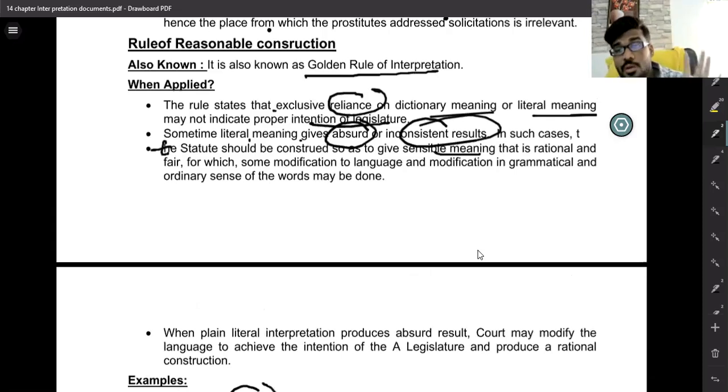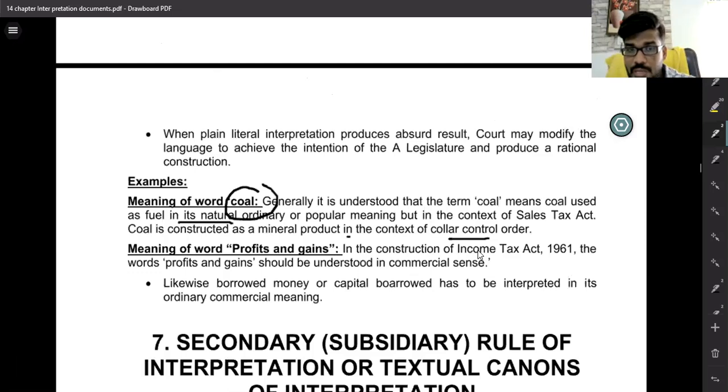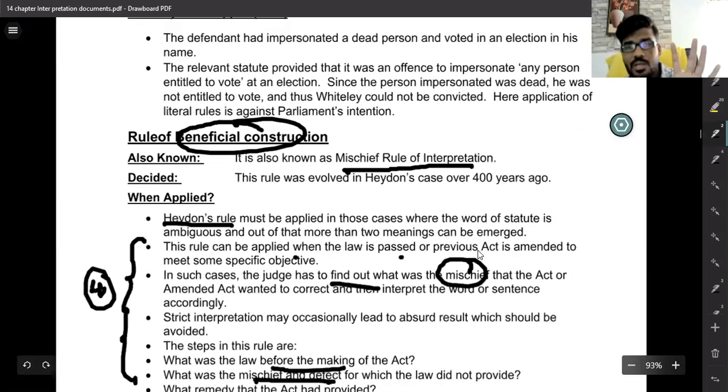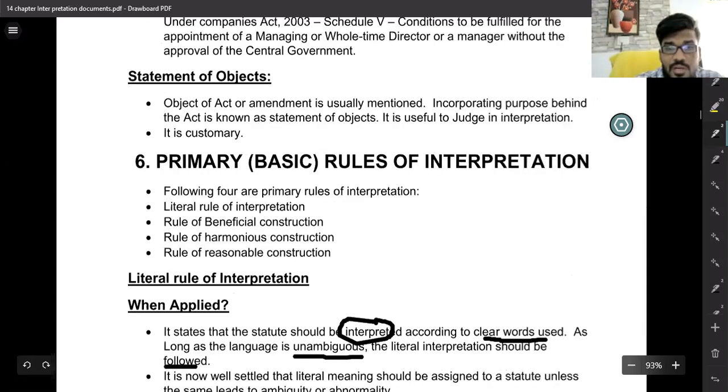These are the four primary rules, sir. You have to understand the primary rules in a very, very important manner. There are four: first of all, the rule of literal interpretation. After that, the rule of beneficial construction. After that, the rule of harmonious construction, and the rule of reasonable construction.